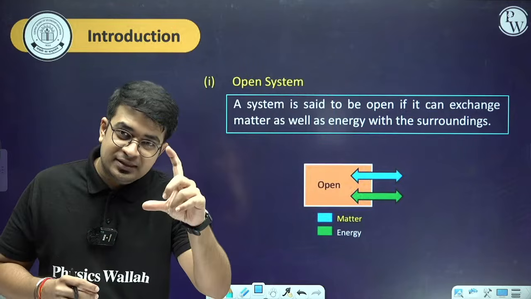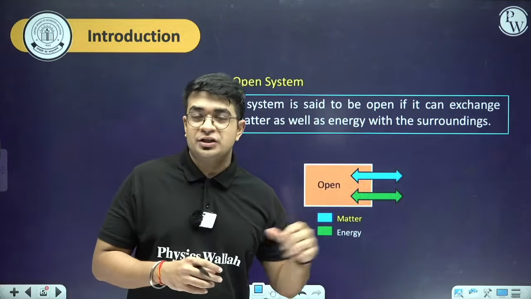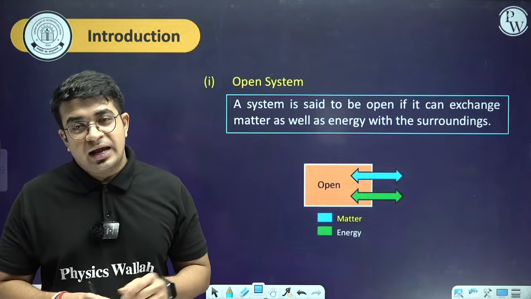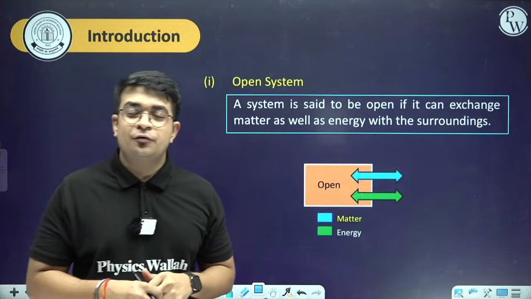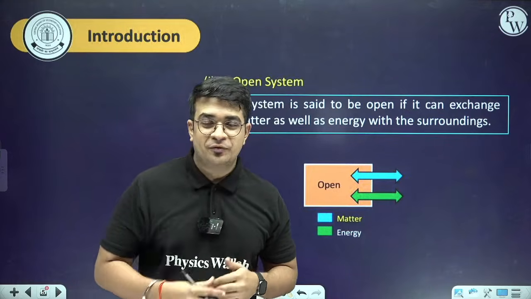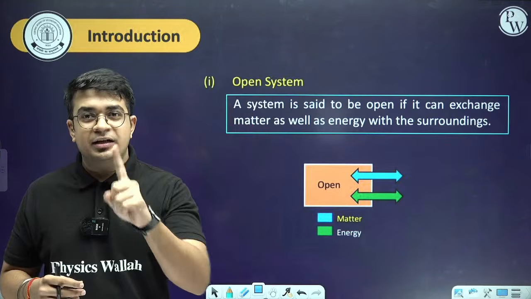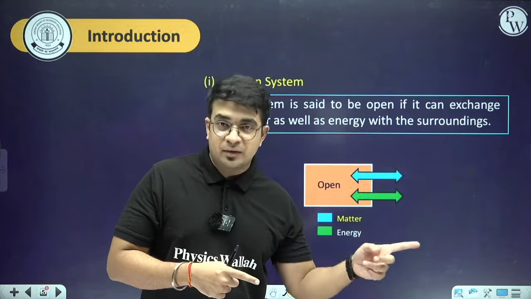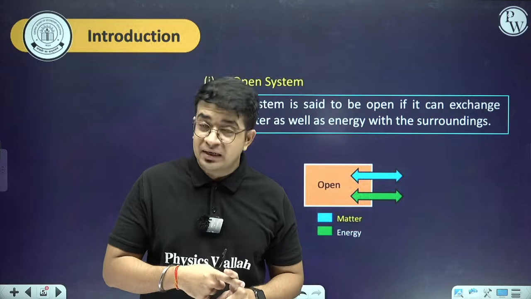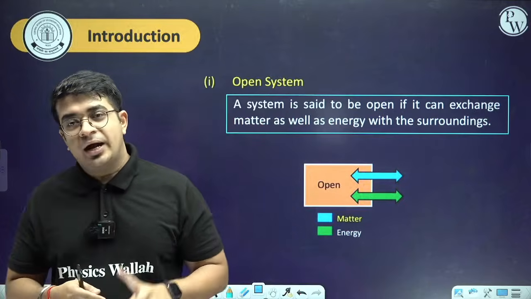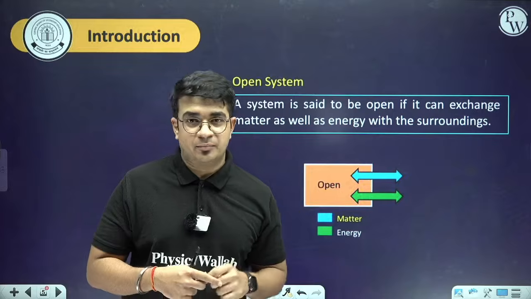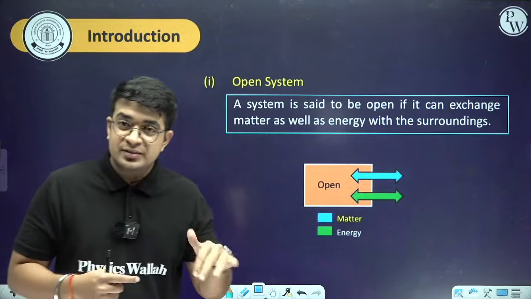That's why you can see a reduction of the amount. You initially started with 1 cup of water and 1 cup of milk, but eventually you end with only 1 cup of tea, which corresponds to the exchange of matter. Matter is exchanging between system and surrounding.